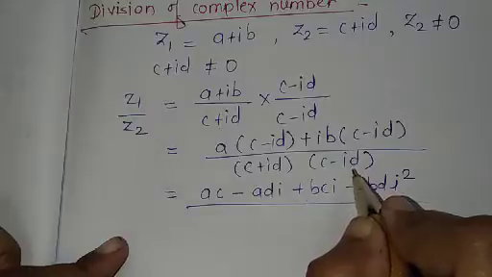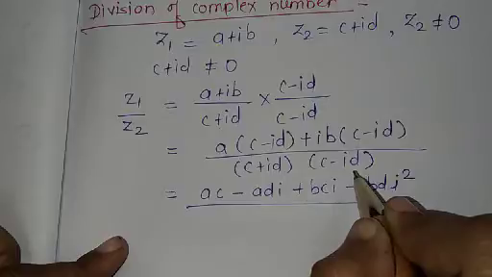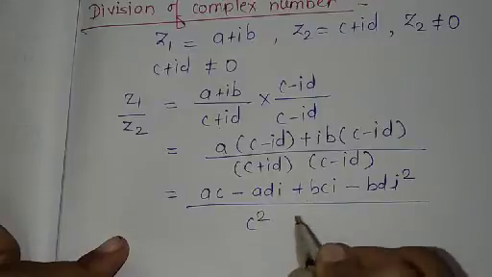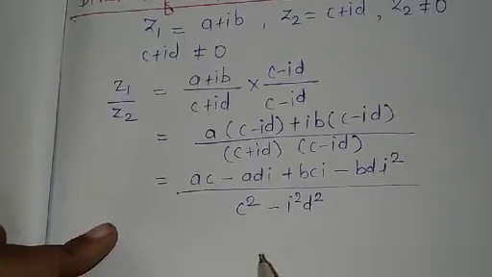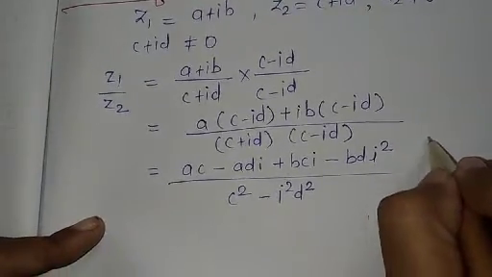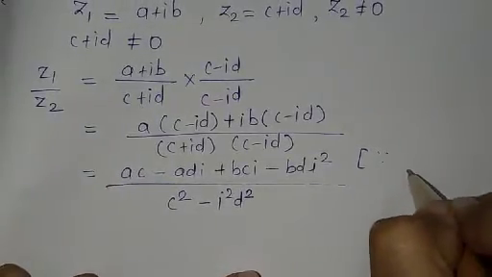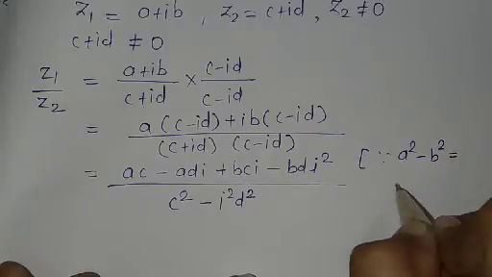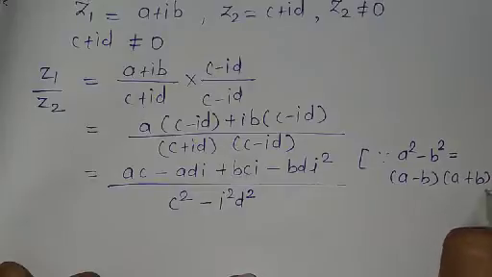We use the formula a square minus b square is equal to a plus b into a minus b. Therefore from this we can write it as c square minus i square d square, since we use the formula a square minus b square is equal to a minus b into a plus b.